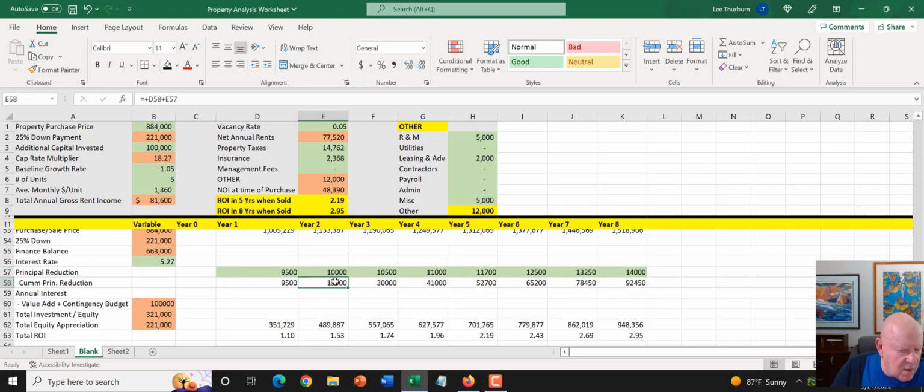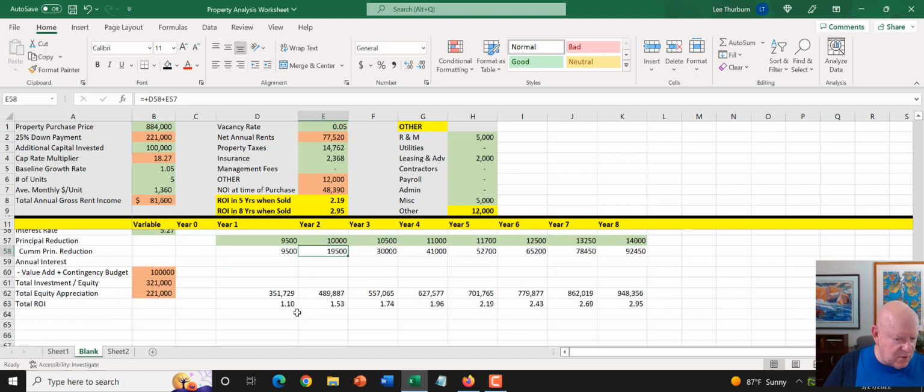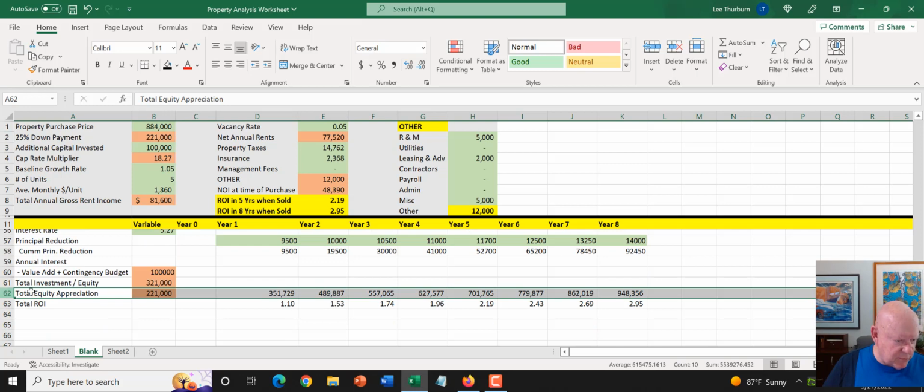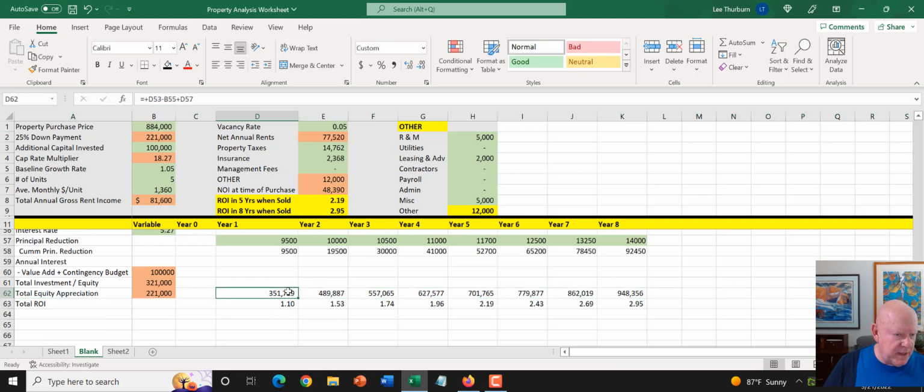Now, I want to calculate our total return on equity. So what I need to do is add a combination of the increase in the property value year over year plus the cash flow minus the original investment. That's what we've got on this line, total equity appreciation.